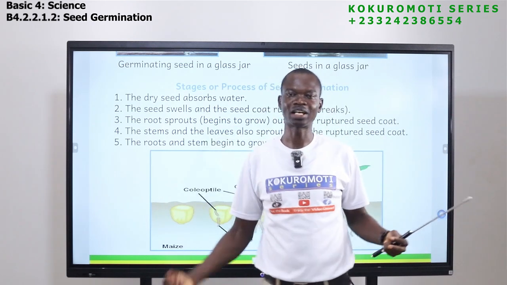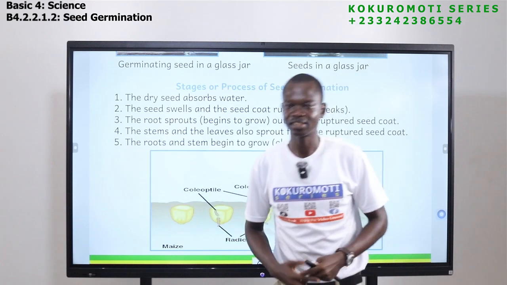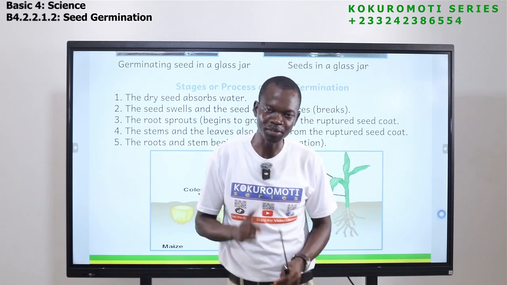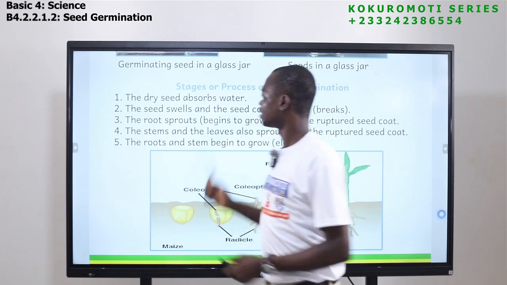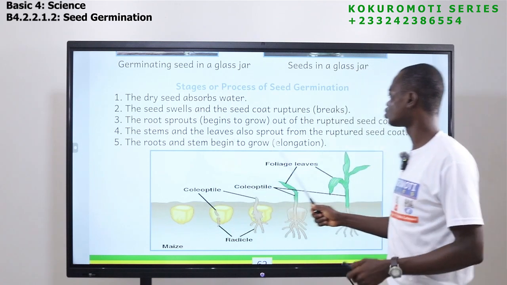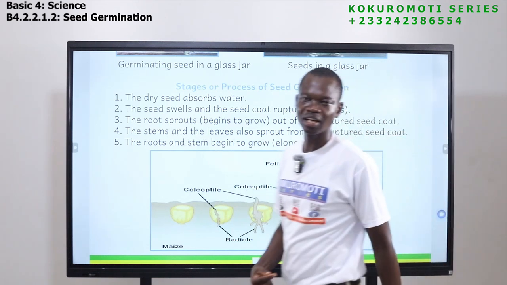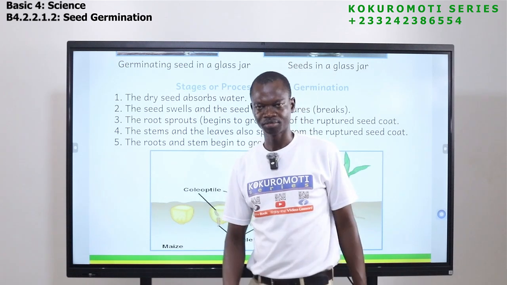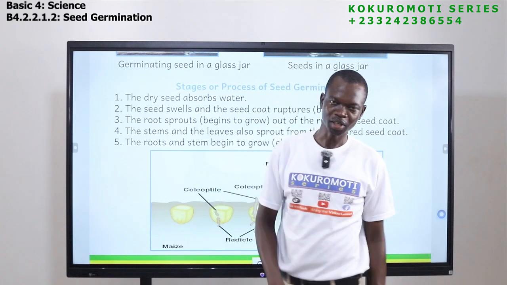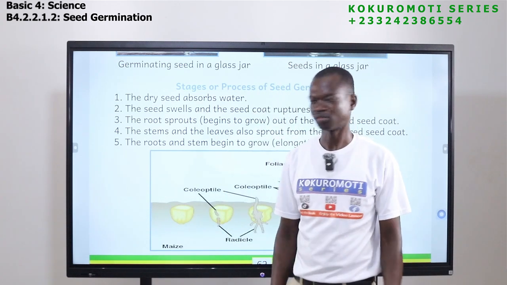When it ruptures, what comes out from the seed is the roots. Please, the roots come first. The next one, the stem and the leaves also sprout from the ruptured seed. So after the roots have come out, the stem will follow, and then the leaves will also follow.